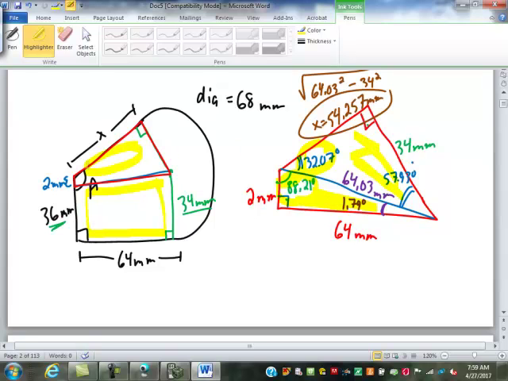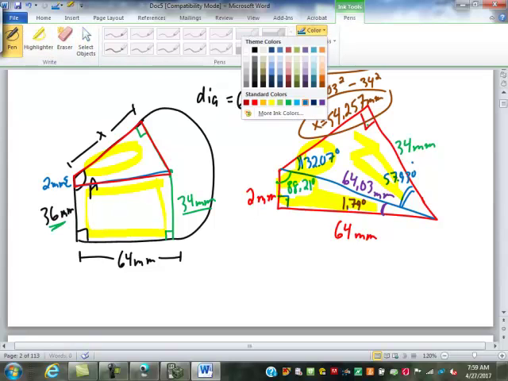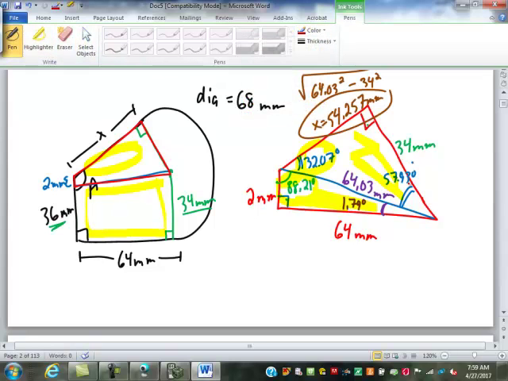That makes this space. And I know these two angles I can add up. And this is 90 degrees here. So I take those angles and subtract from 360 to get the angle of that sector. Any questions?